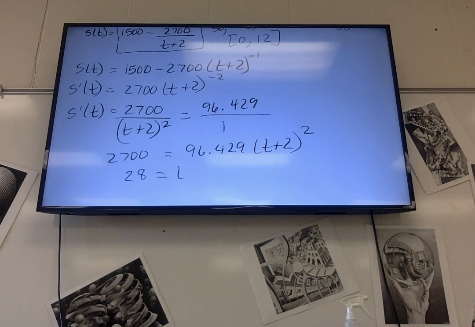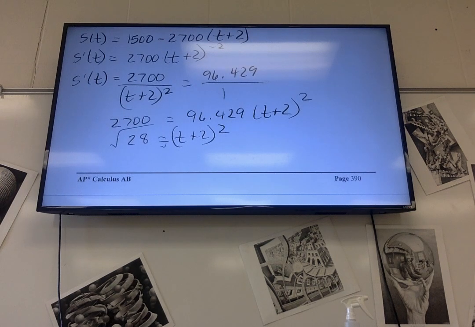But it's 28 equals t plus 2 squared. Square root of both sides. Plus or minus square root of 28 equals t plus 2. Subtract 2. You have the positive square root of 28 minus 2.